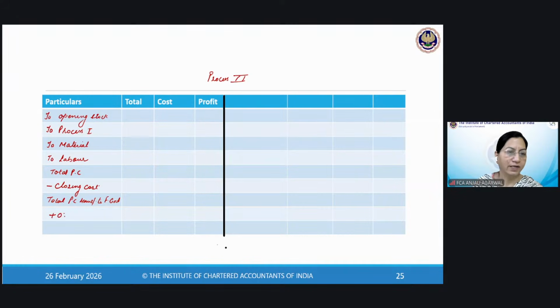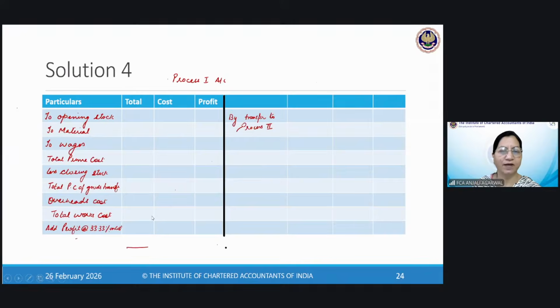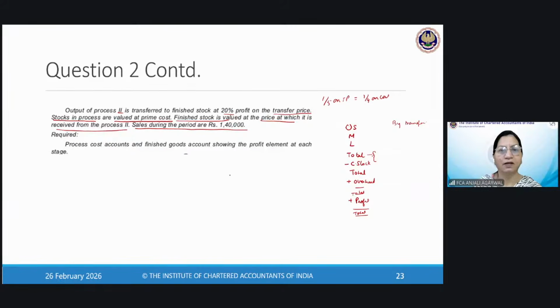Then you add overheads, which you generally forget if you do not write it beforehand, so remember to do this. Then total works cost, add profit at the rate of 1 by 5 on transfer price, right?